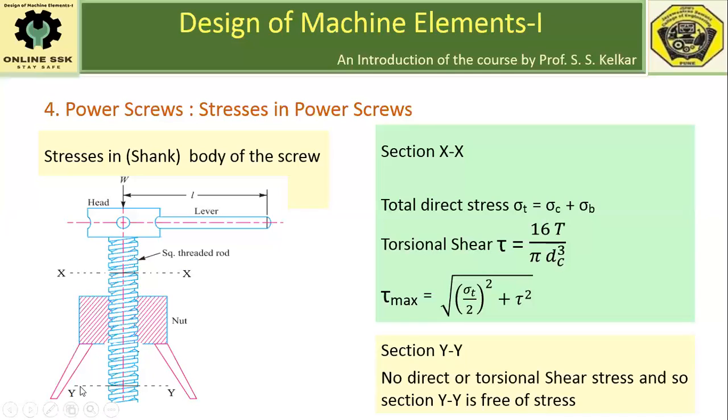There is no stress inside section YY, and whatever stress is developed, the maximum shear stress developed inside section XX will be calculated using this relation. So while analyzing or designing a screw jack, we have to take into account this maximum shear stress to which section XX, or this portion of the screw, is subjected.